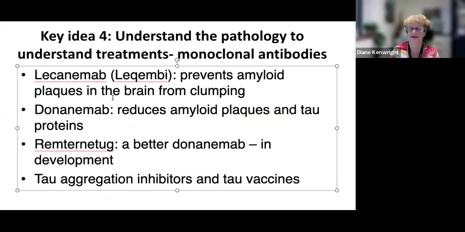Maybe those microglial cells will have a chance to clean it up. This one has been shown to reduce amyloid plaques and tau proteins, and this one is similar. So mostly the work at the moment has been on reducing amyloid accumulation, which, as we know, has a complicated relationship with tau and inflammation. But people are also working on tau aggregation inhibitors and tau vaccines.